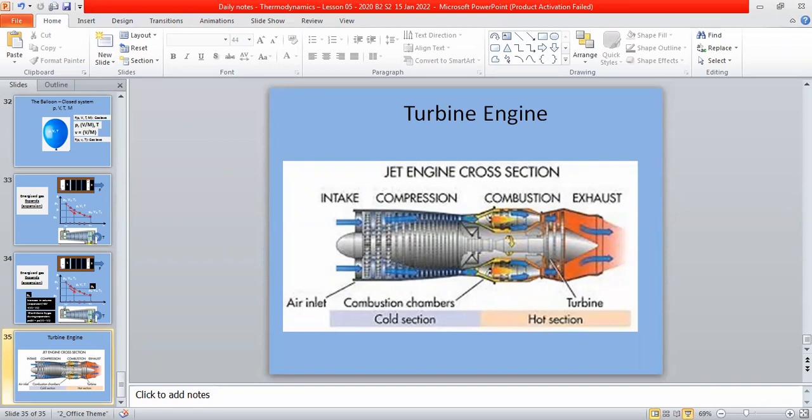You have a turbine, then after the turbine there is a nozzle part.